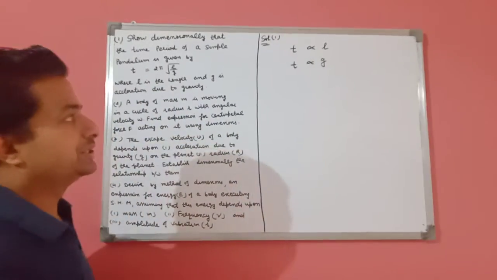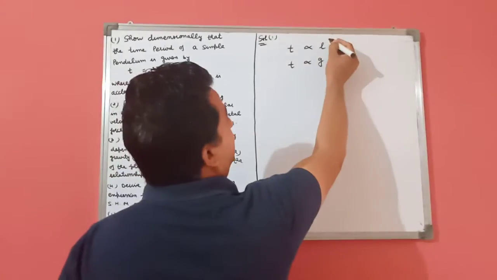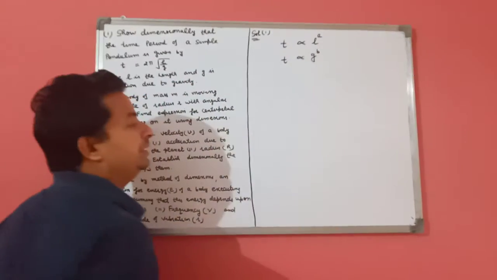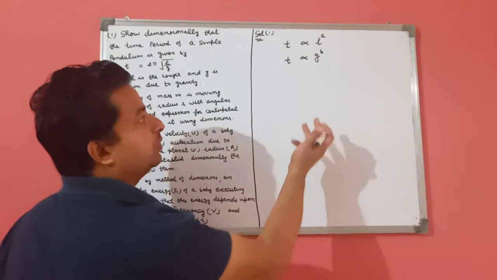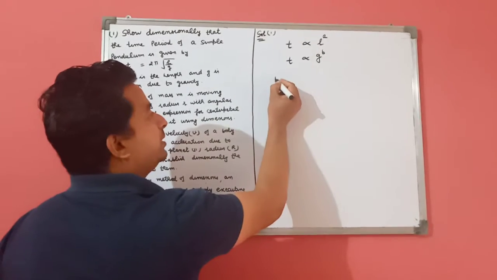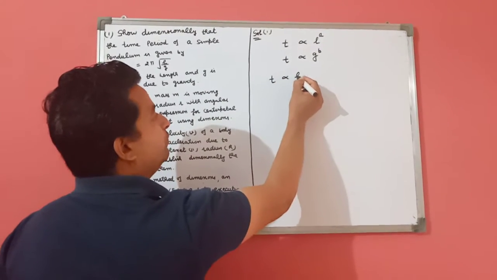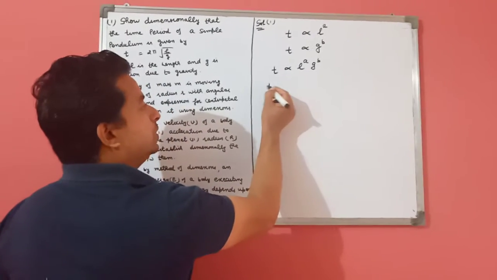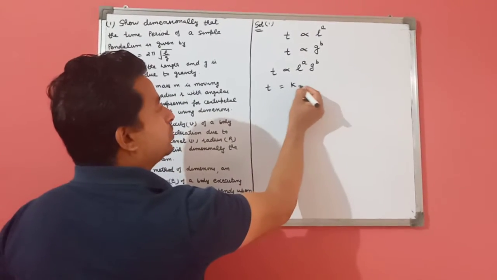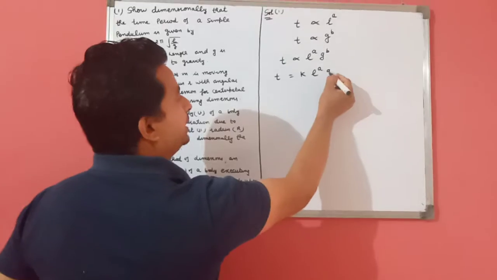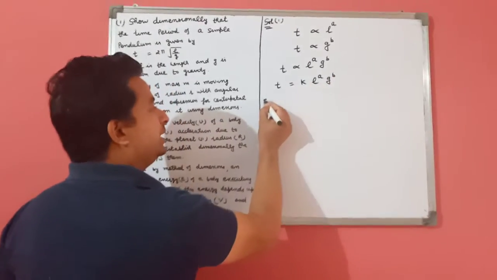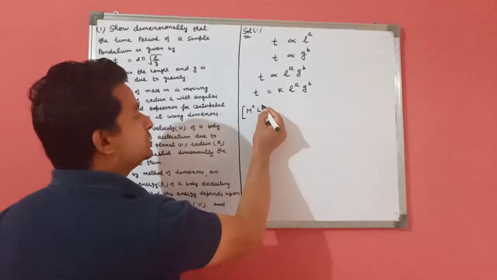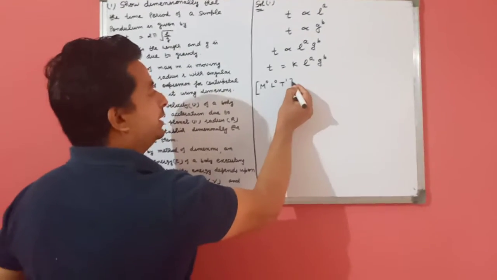To derive a relation, first we raise the powers of the dependent quantities by a, b, and if there is a third quantity, c. When we combine these, we get L power a, g power b. As K is the constant of proportionality, we can write the dimensional formula of time, which is M0 L0 T1.